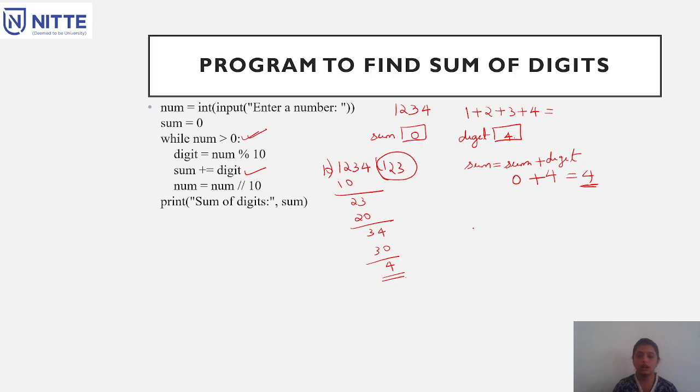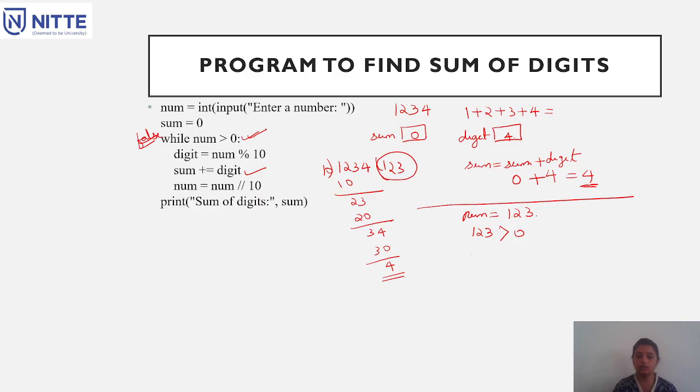So now in the second iteration, the num has become 1, 2, 3. Again, you will move into the loop. Till the while loop is false, we have to keep running the loop. So 1, 2, 3 is compared with 0, it is greater.